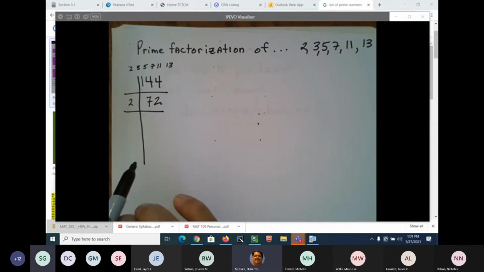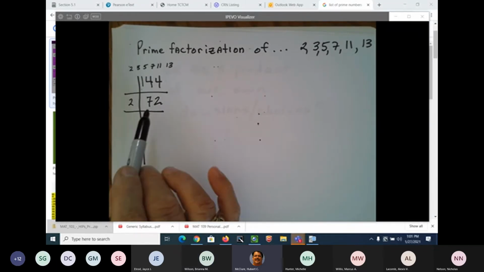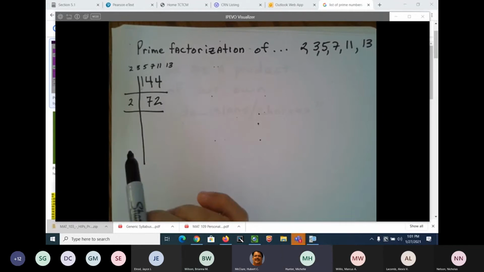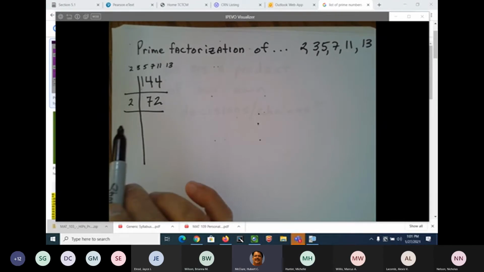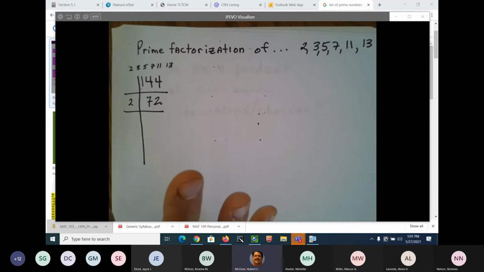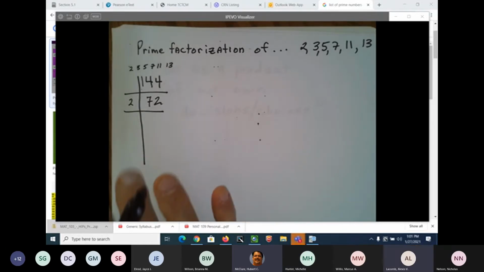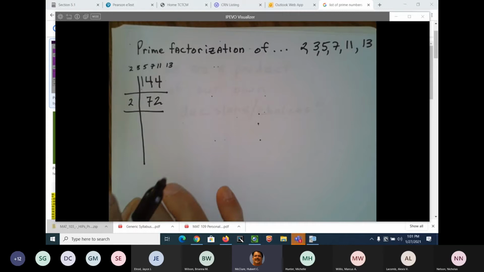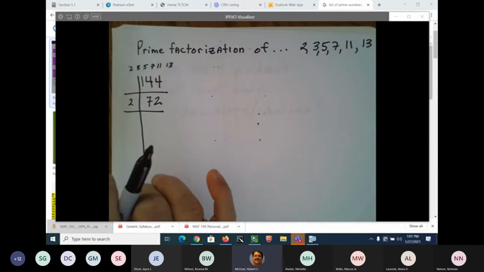I don't know if anybody used their calculator to divide 144 by 2, but you should not have to do that. So don't say anything. Just take it for what it's worth. I will tell you when you need a calculator, and this basic math, 5.1 through 5.3, nobody should be using a calculator.